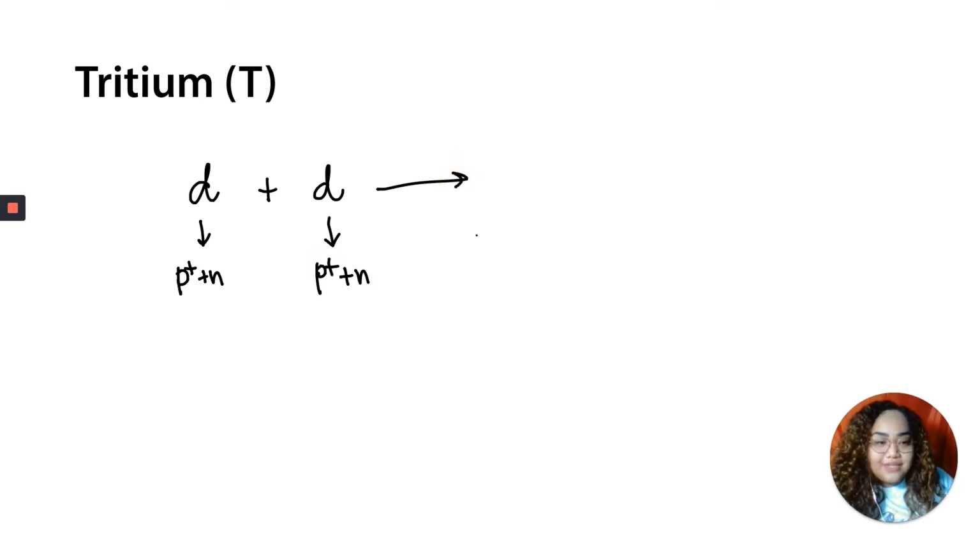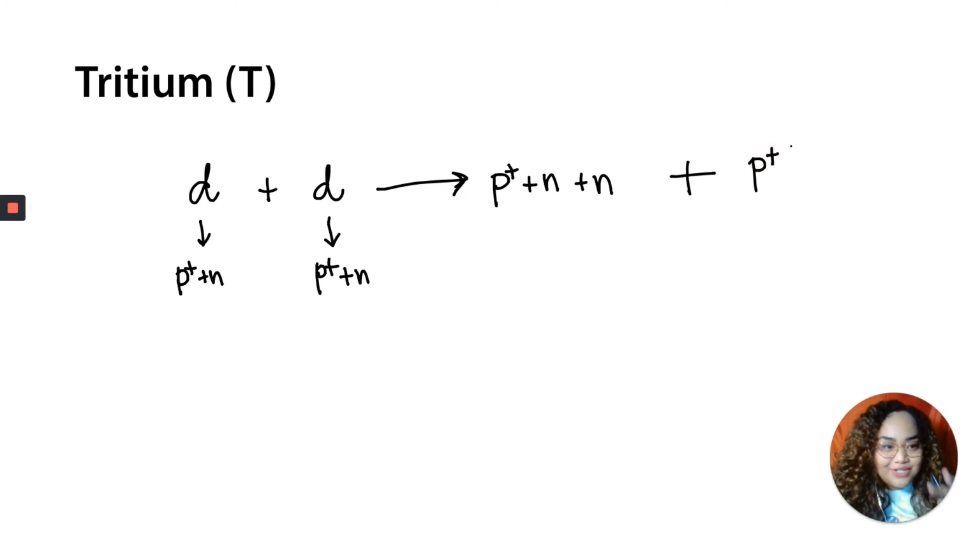When that happens, you will make tritium. So what is tritium? That's basically a proton plus a neutron plus a neutron plus a proton. Okay, so there's a free proton floating around there.